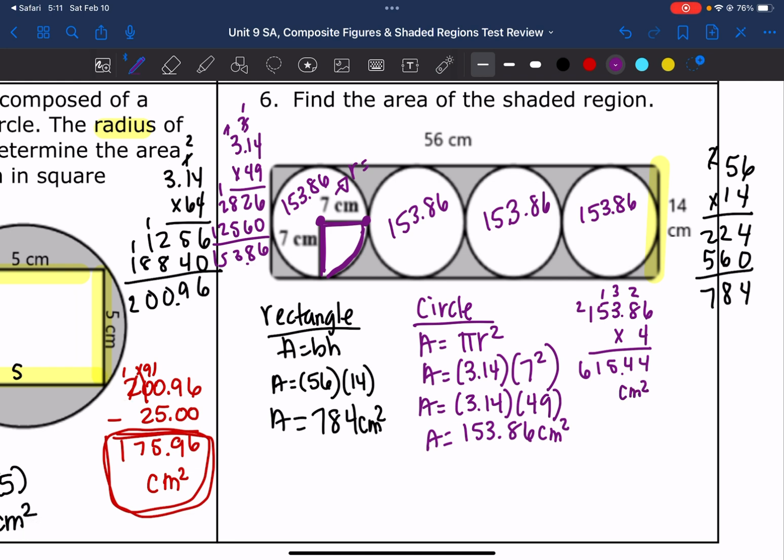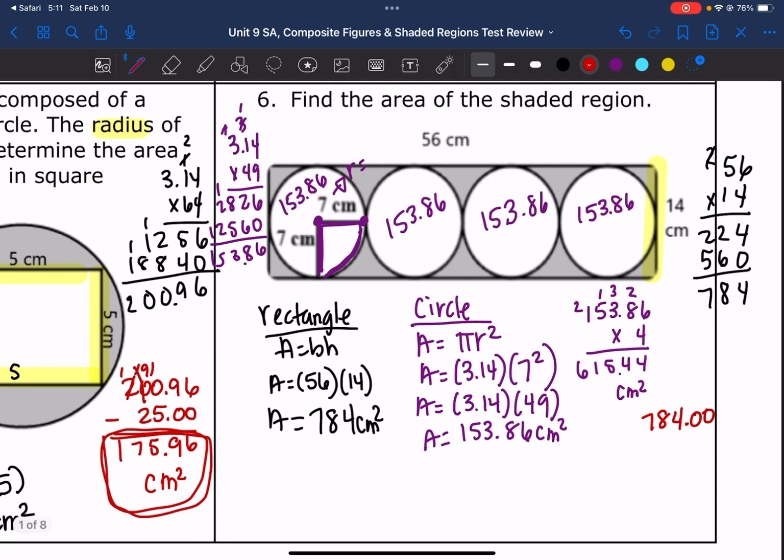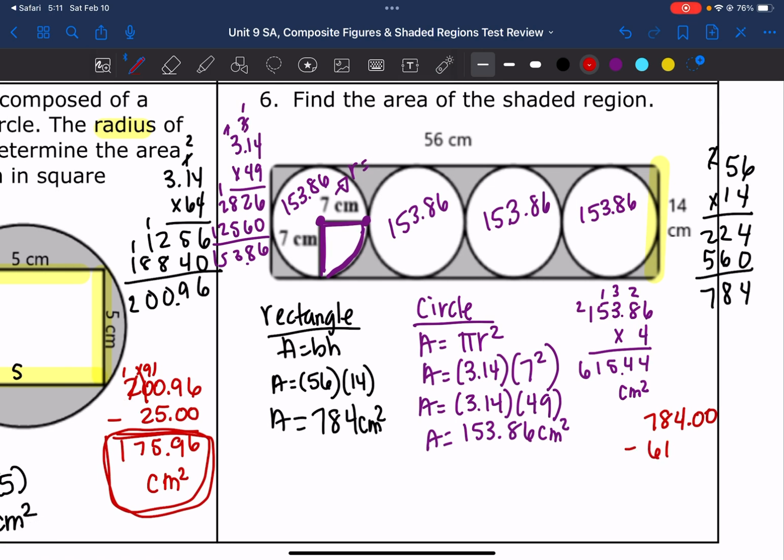Now, what do I do with both of these areas? We are going to subtract them. Okay, so over here, I'm going to take 784.00 minus 615.44. Okay, so we can't do 0 minus 4, so we're going to have to borrow over here. 10 minus 4 is going to be 6. 9 minus 4 is going to be 5. 3 minus 5 cannot do, so we have to borrow again.